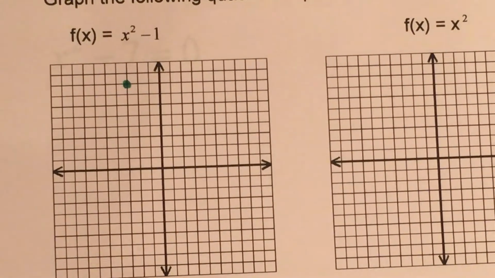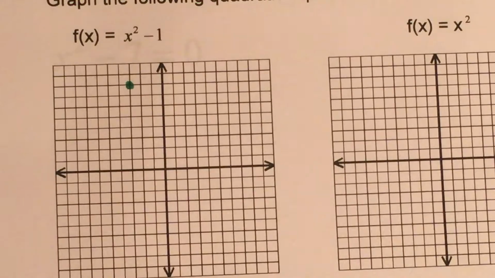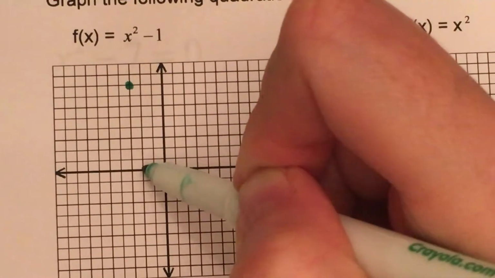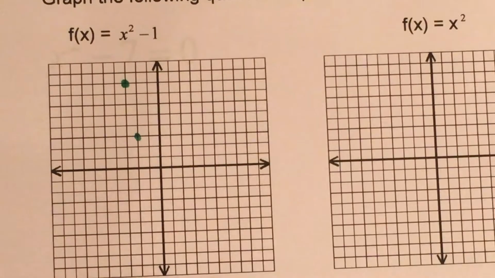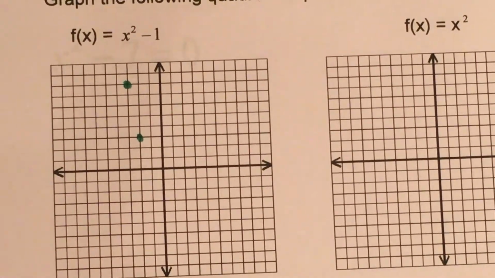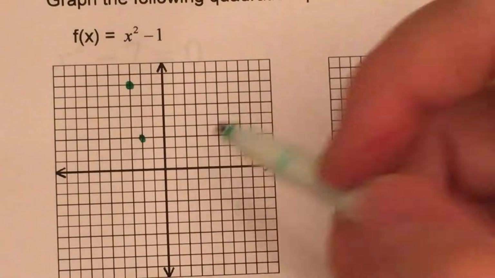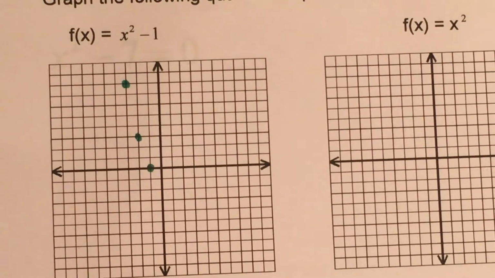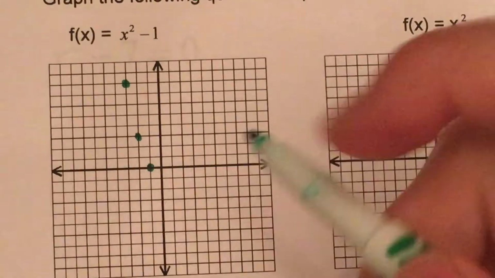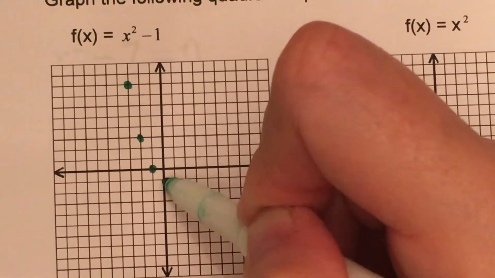There's our first point. Second point, left 2, up 3. 1, 2, 3. Third point, left 1, up nothing. Fourth point, over nothing, down 1.